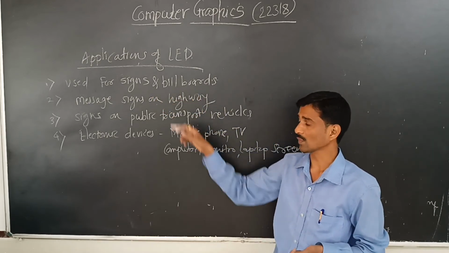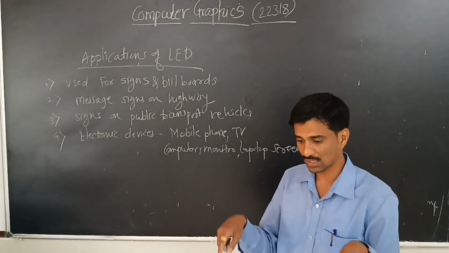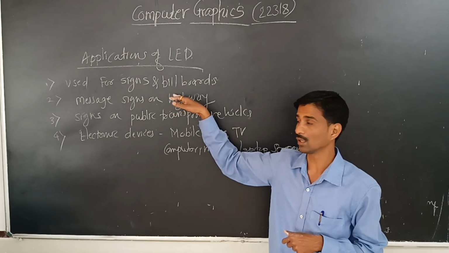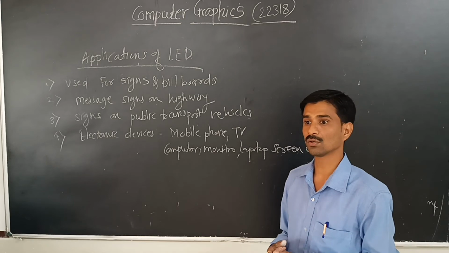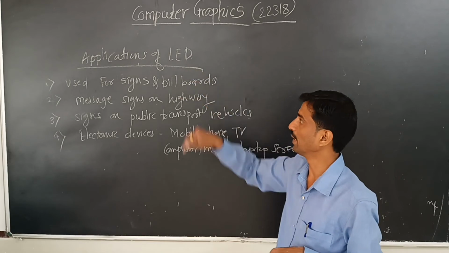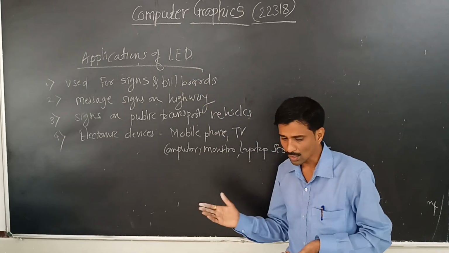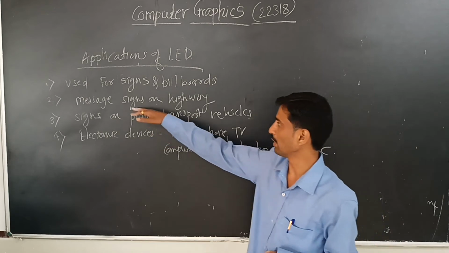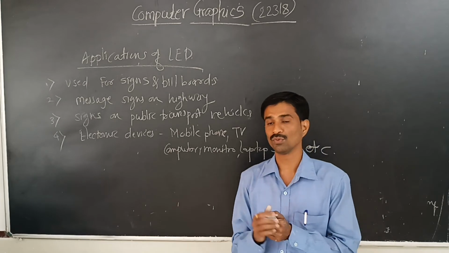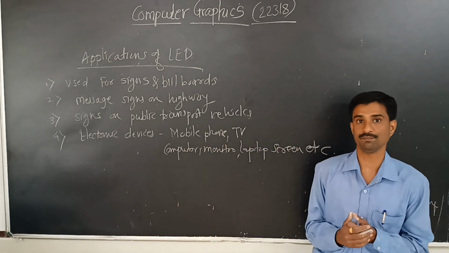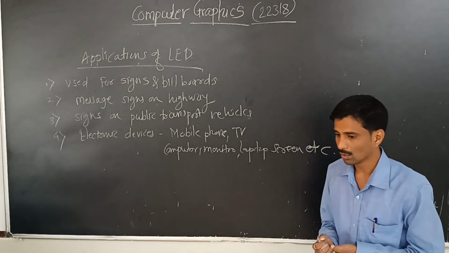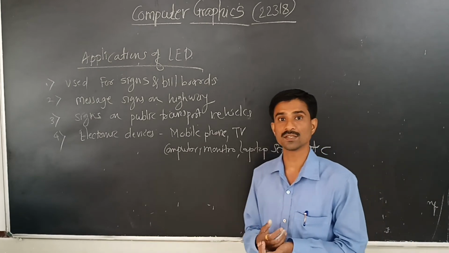Okay, for making the bills, they are using the screen of that display device, which is made up of LED. So you can see in large malls and shops, the billboards are made up of LED. Then the next application is message signs on highways, showing the signs which are required on the highway, the different directions or points where the hospital is, where the school is.